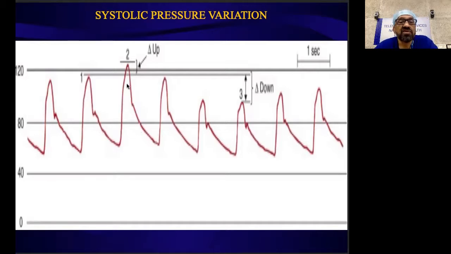During inspiration, the systolic pressure increases, whereas during expiration, the systolic pressure decreases. This difference is called the systolic pressure variation. And if this systolic pressure variation is greater than 13%, it indicates hypovolemia.